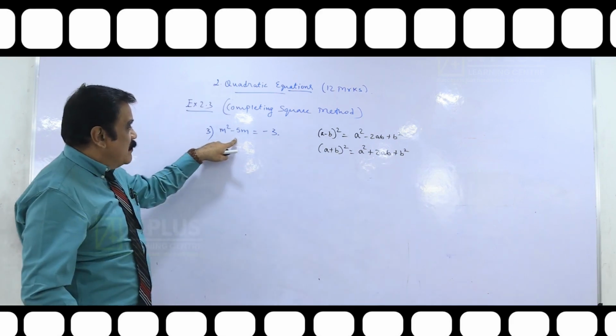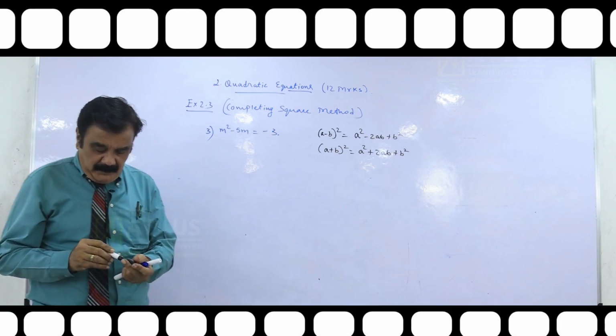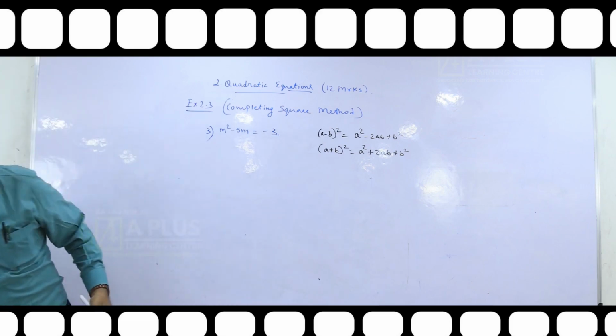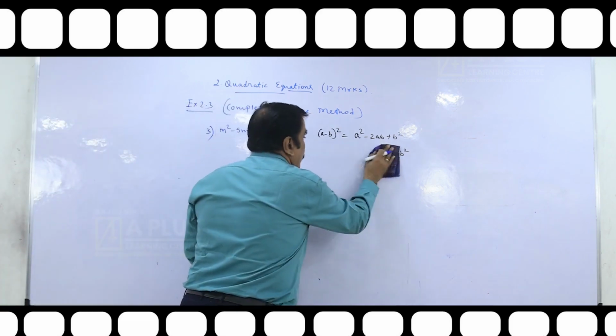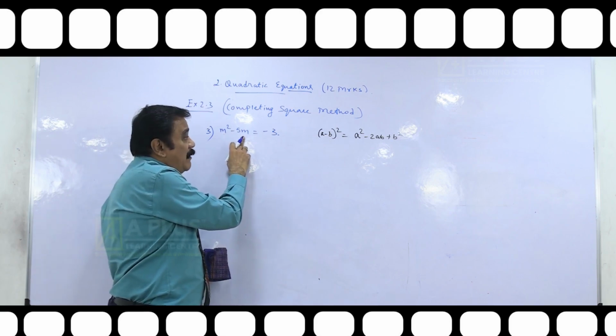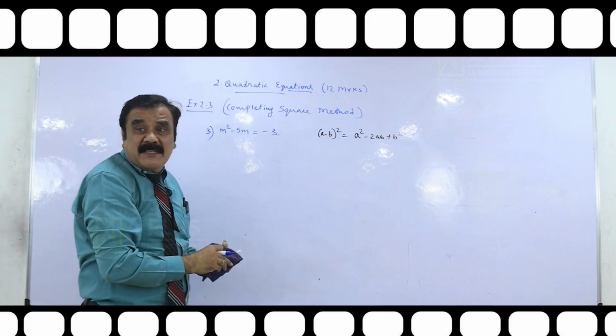See here. m square minus 5m minus 3. Now can I say here, this is m square minus 5m. The last term is missing.